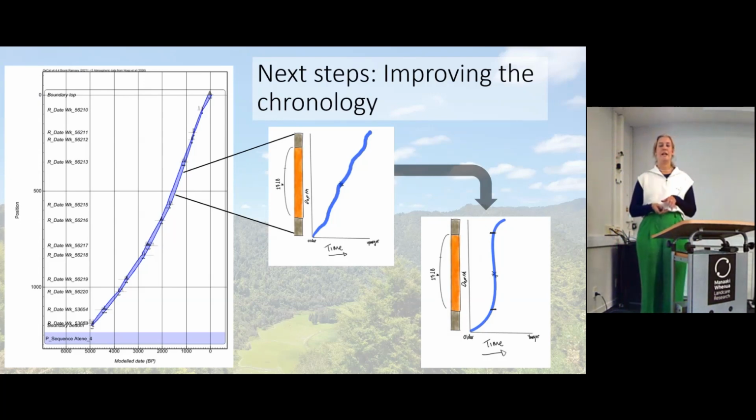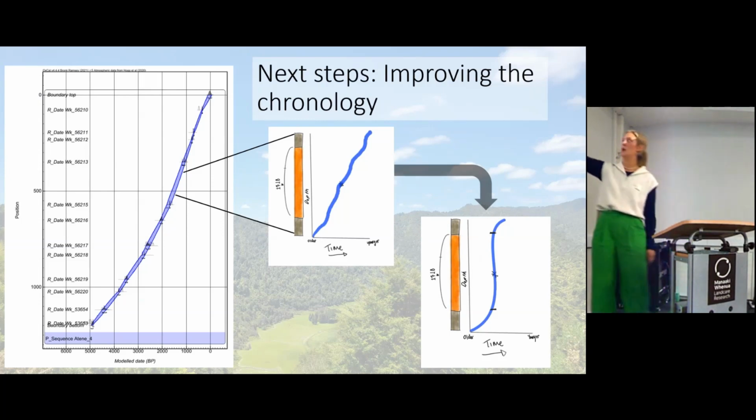But at the moment, even where we have event deposits, it's estimating a passage of time, whereas events like Taupo or any of these floods are instantaneous. So they're contributing to the accumulation of sedimentary material, but they're not contributing to the passage of time. At the moment, my model can't anticipate this, so I need to correct it.